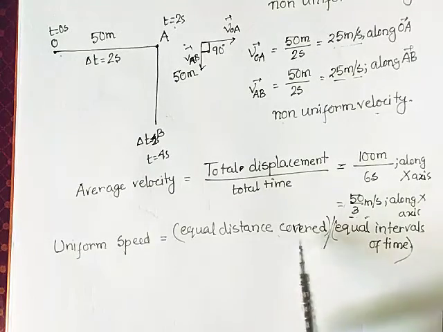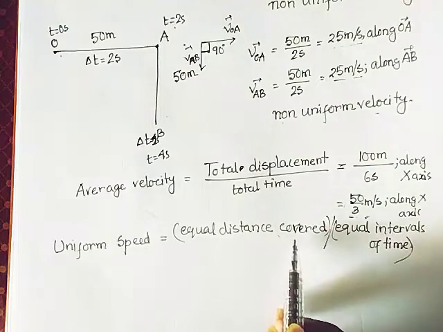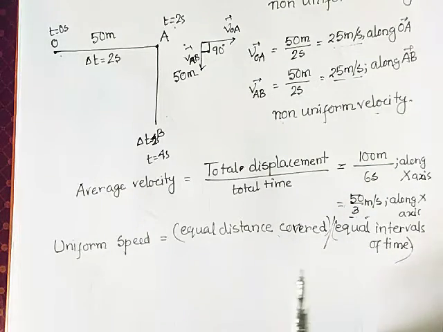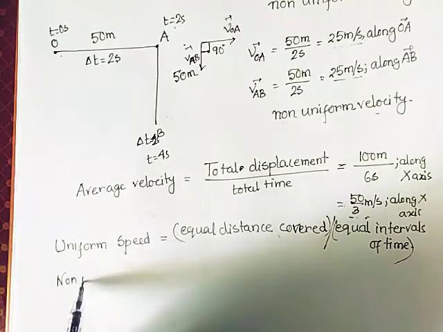And if this condition is violated, that is, if the particle covers unequal distances in equal intervals of time, or equal distances in unequal intervals of time, or unequal distances in unequal intervals of time, then we say the quantity is non-uniform speed.